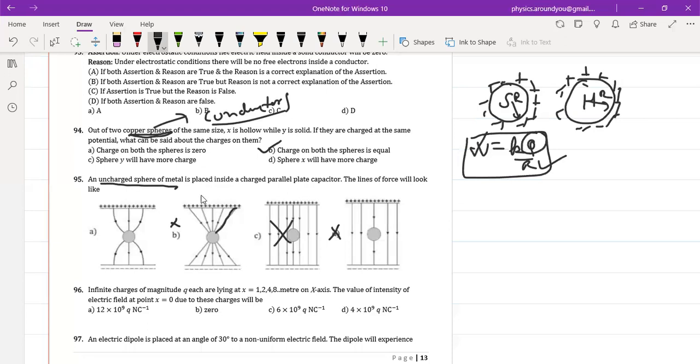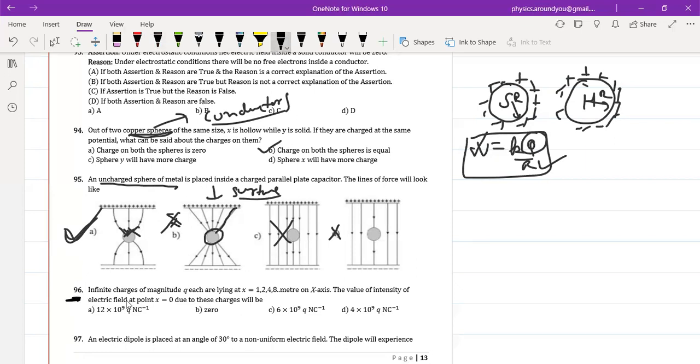One more reason: if this is a conductor, field lines should always be perpendicular to its surface. These lines are not perpendicular, whereas these are perpendicular. So this is not the right answer. The right answer is A. 95 goes with A. Again, it is a property of a conductor which comes to our rescue to answer this question.